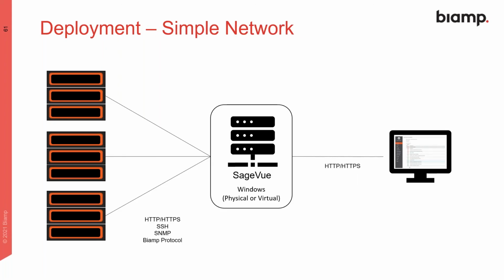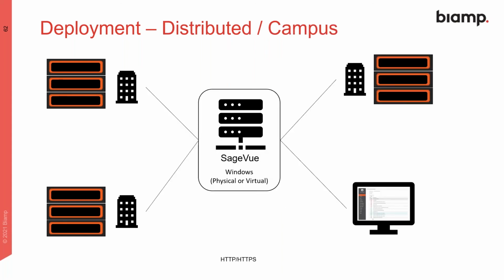We have a couple of network topologies here that might be helpful in driving any future SageVue conversations you might be having, either internally with your team or with your customer. They range from the simplest example, where we have a local PC or server running SageVue monitoring a handful of devices on the network, all the way to a distributed campus where we have a dedicated server in a centralized location, and we've used IIS and DNS to give us external access.